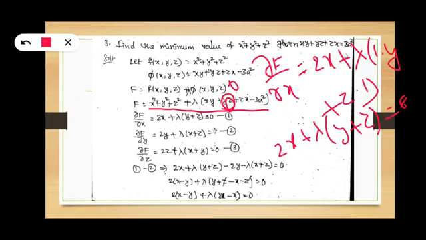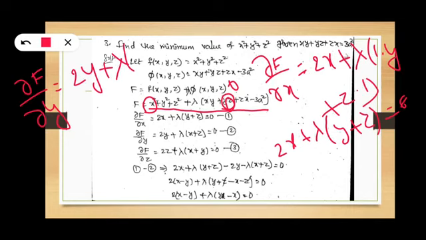Now we do the partial differentiation with respect to y, then we get dou f by dou y. Dou f by dou y is equal to, x square differentiation is 0. Why? Because it doesn't have y. y square will be 2y and z square will be 0, plus lambda into x is the constant here, y differentiation is 1. So x into 1 plus y into z.